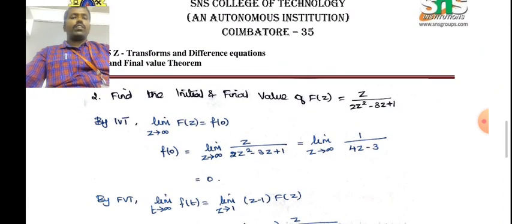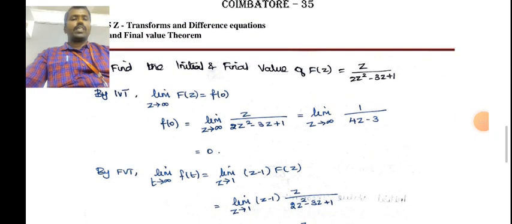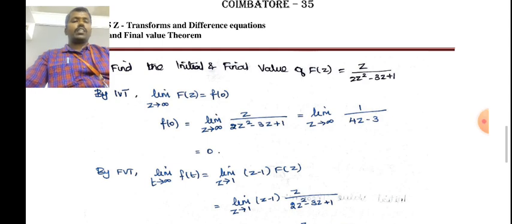Next one: find the initial and final value of F(z) equals z by 2z square minus 3z plus 1.